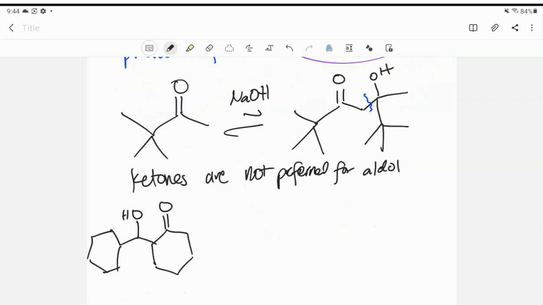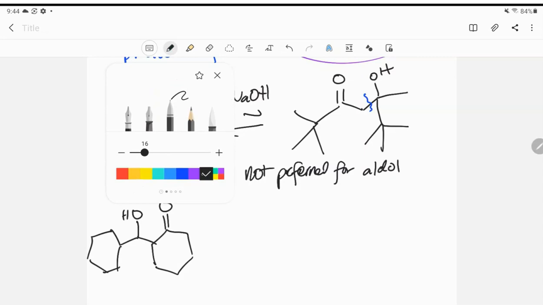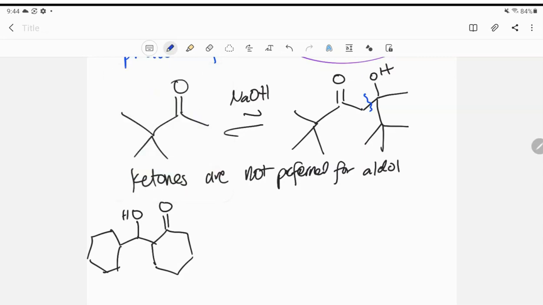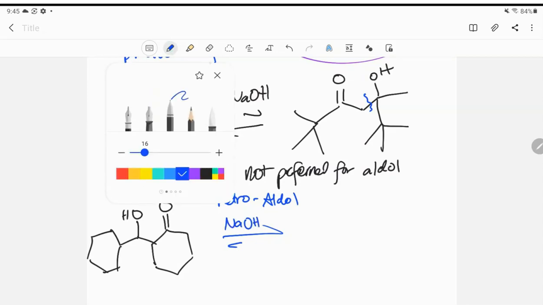That being said, we can take advantage of this. Since it won't do an aldol, it would be a candidate for a retroaldol: do the opposite of the aldol and break it apart into ketones. We can do a retroaldol in the presence of our base, and that would split this apart.